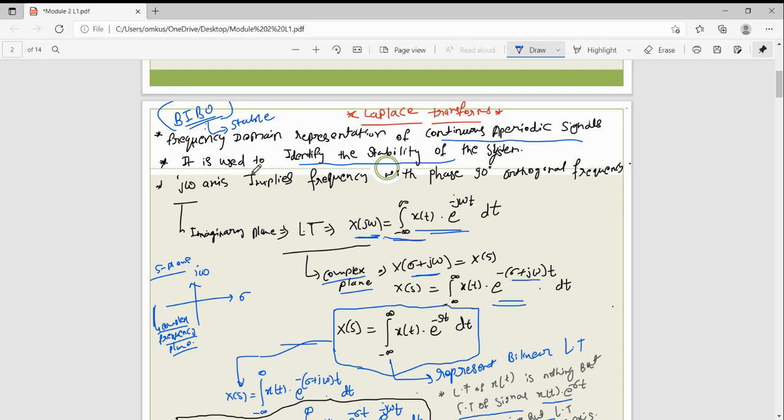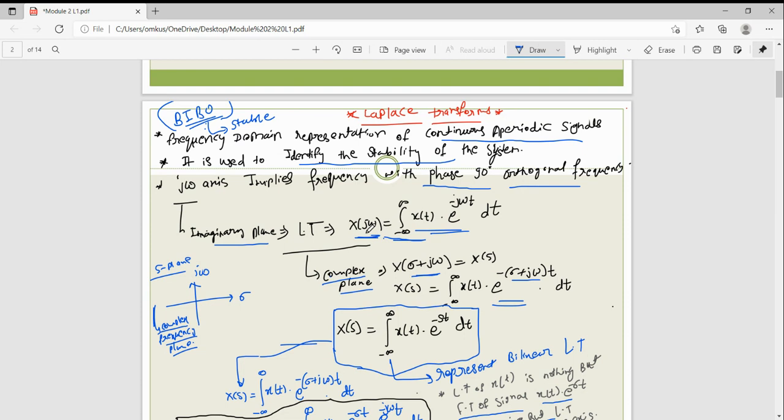It is also used for identifying the stability of the system. And this j omega axis implies the frequency with a phase shift of 90 degrees, the orthogonal frequency, right? So wherever j omega is given to you, you can easily say that it is nothing but the imaginary axis, because the j term is associated with that frequency. So you can also say this is your imaginary plane. And what is the formula of this Laplace transform function?